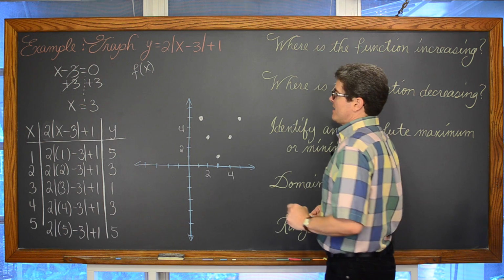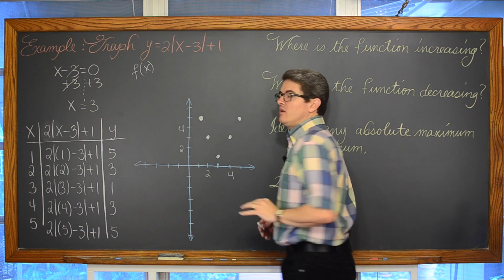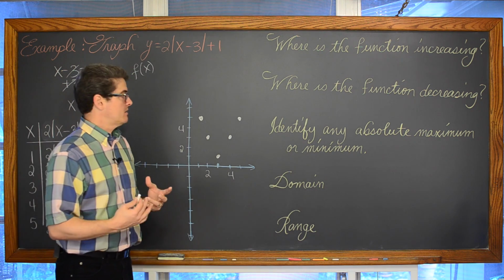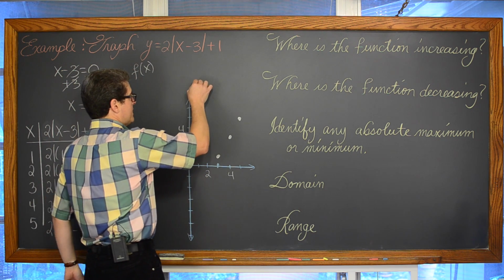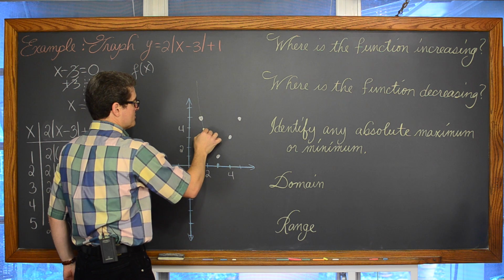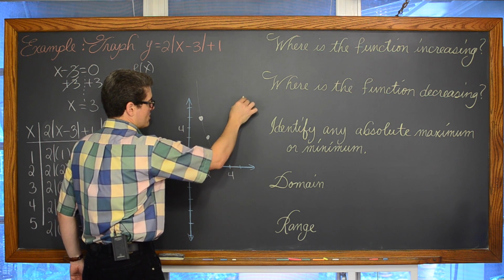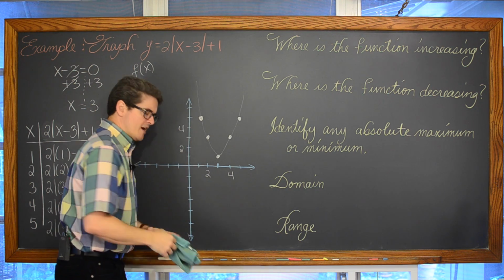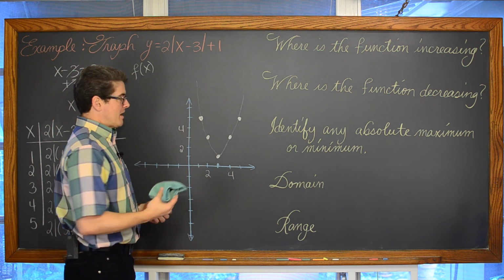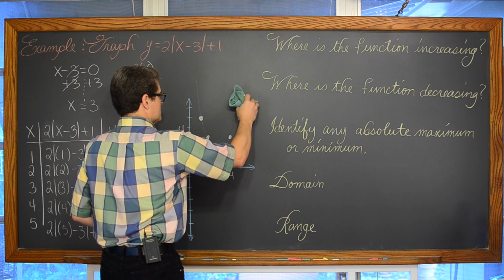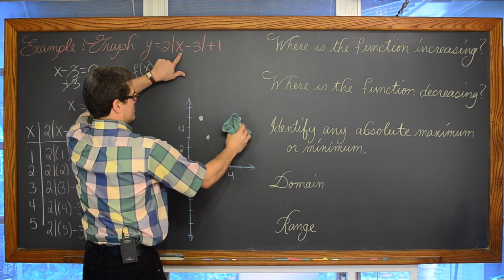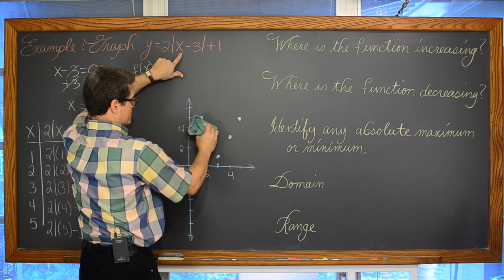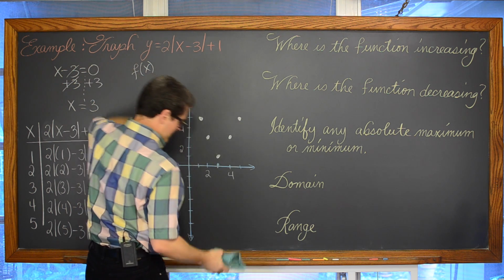Now to connect these dots, if this were a quadratic function, a polynomial with an exponent of 2, and knowing then that the graph would look like a parabola, then maybe I would want to try and draw a smooth curve somehow between these points. But if I was using graph paper and being real accurate, I might realize that didn't seem to be working because this is a linear expression inside the absolute value function.